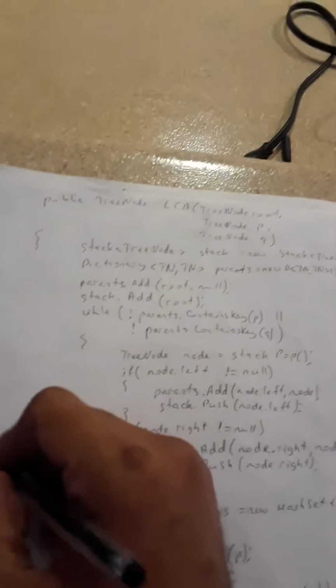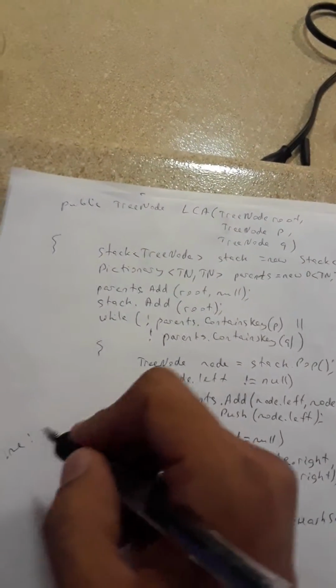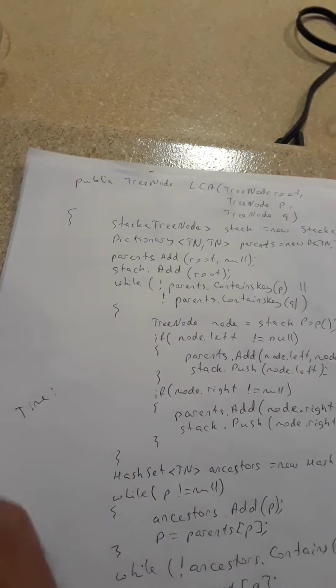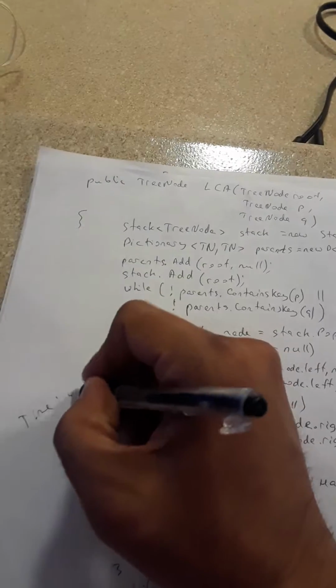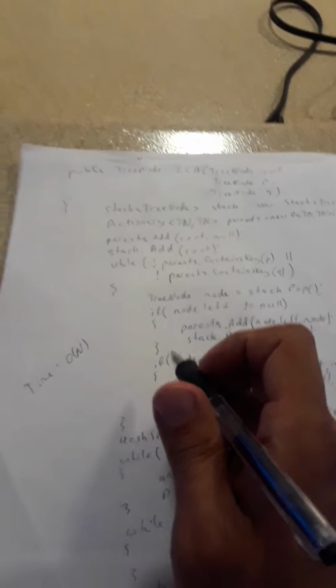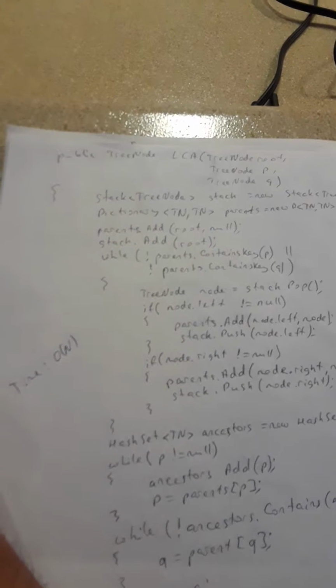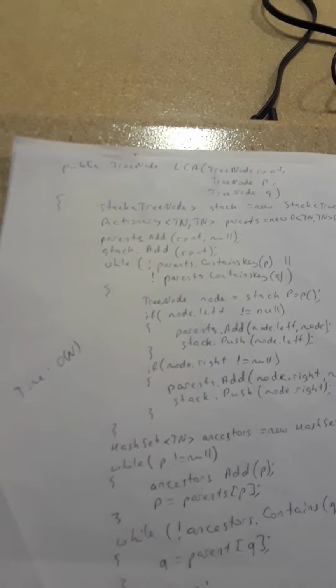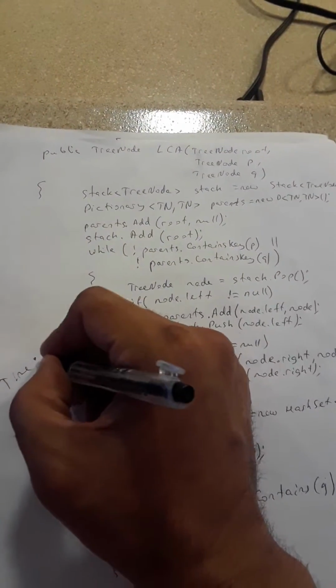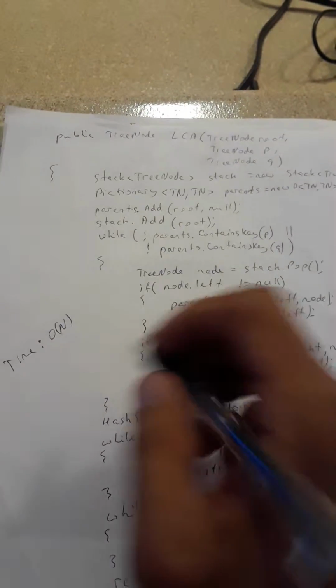So the time complexity for this particular example will be order of n. In the worst case, we'll go through all nodes in the binary tree.